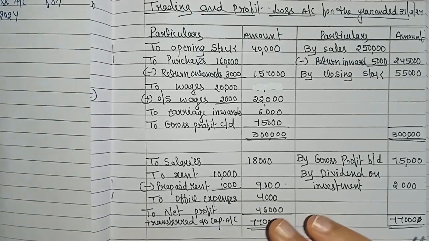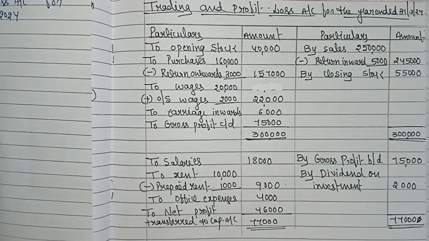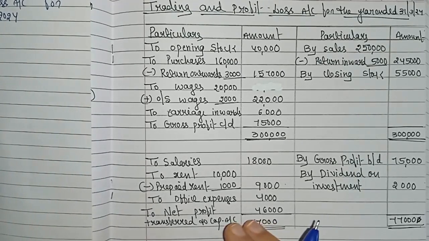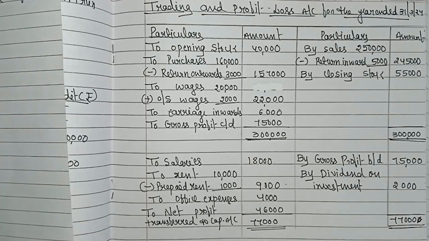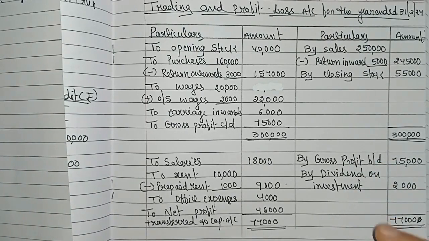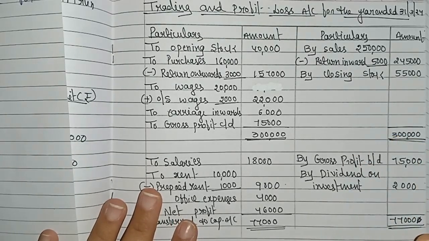So wages means what? Wages are paid to the workers who are directly involved in producing goods. So wages are a direct expense. Wages are different, salaries are different. Wages are paid to the workers who are directly involved in producing the goods, but salary is paid to the staff.